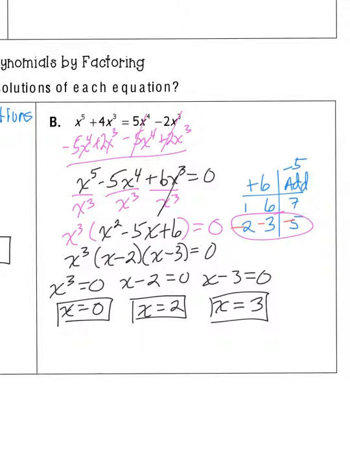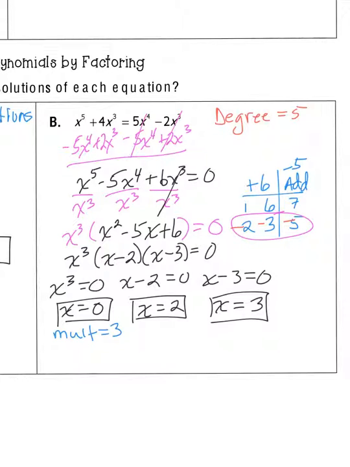Now, because my highest degree term was 5, the degree of the polynomial is equal to 5. So that means I should have 5 solutions, but I only see 3. That's because this one, x equals 0, has a multiplicity of 3. Meaning there are 3 x equals 0s.